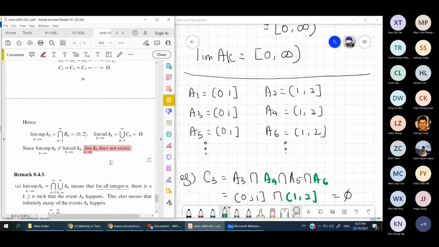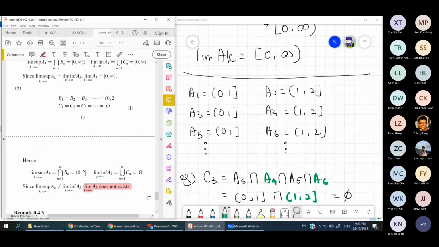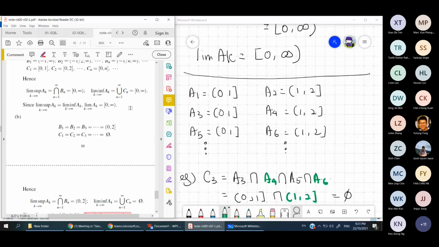All right. Just to make sure you know how to compute this limit infimum and limit supremum, let me do a revision again.